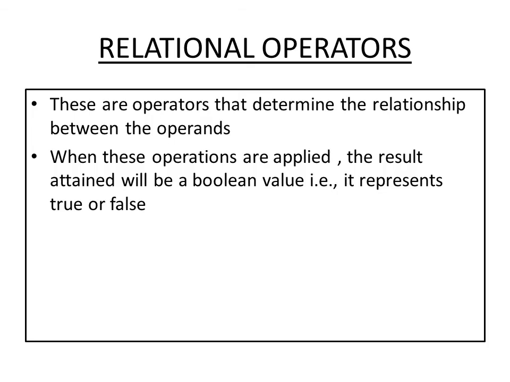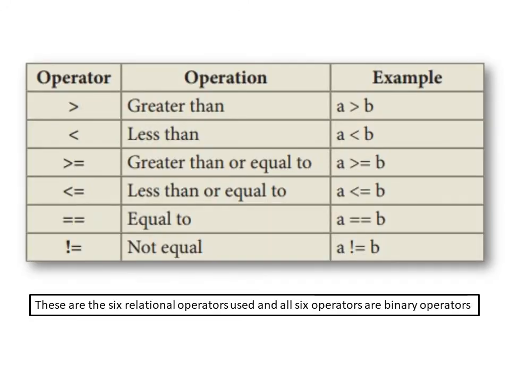Next we are looking into relational operators. These are operators that determine the relationship between the operands. When these operations are applied, the result that we get will be a Boolean value, that is, it is representing either true or false. These are some of the relational operators used: greater than, less than, greater than or equal to, less than or equal to.